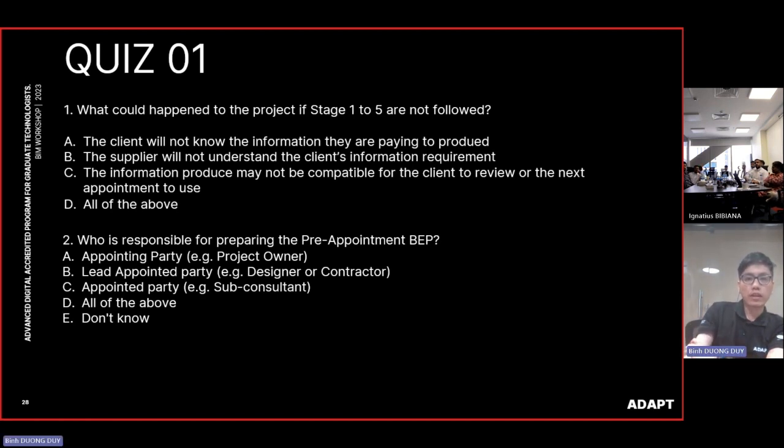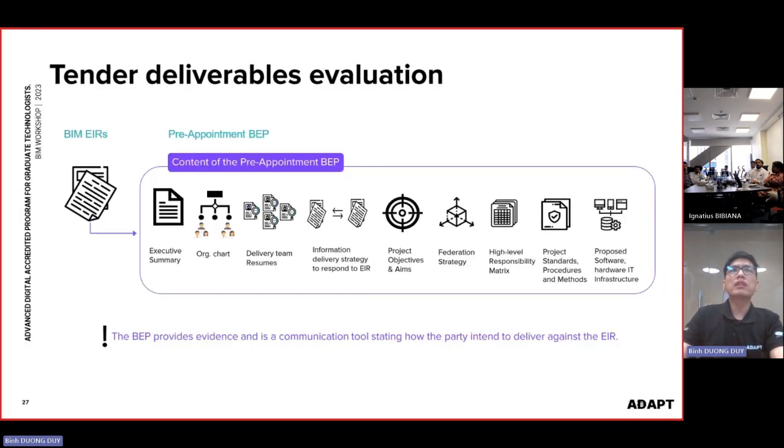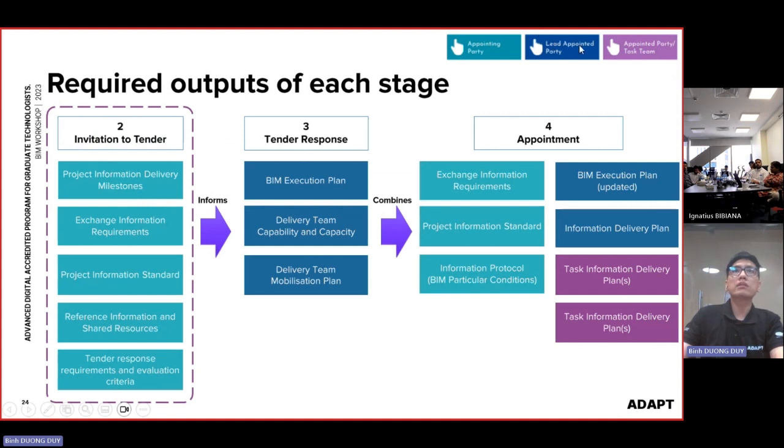Oh, two. Okay. If you remember on the slide earlier, we talked about there being two appointed parties. One is the lead appointed party, and the second is the appointed party, the sub-consultants. They are colored in different colors. For the tender response, meaning we respond to what the client wants, we actually give them a quotation.